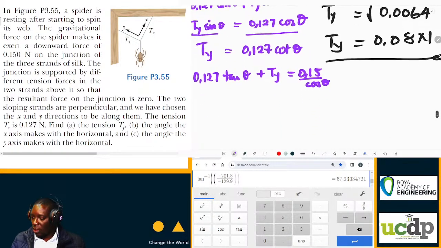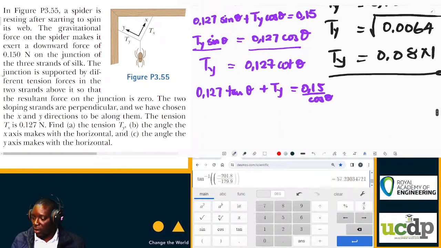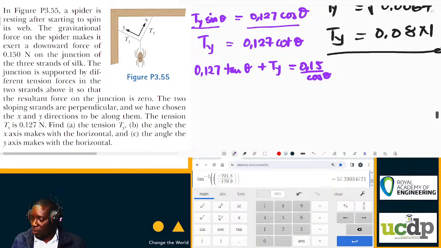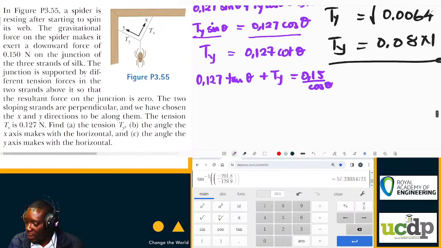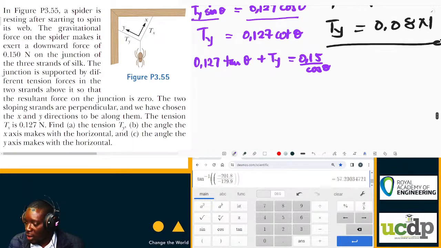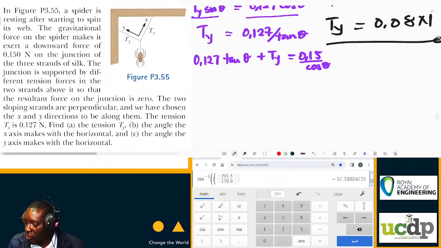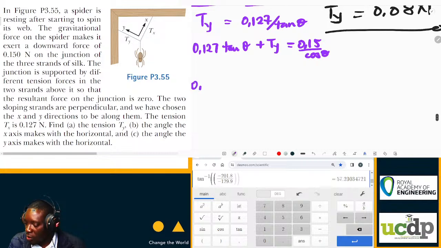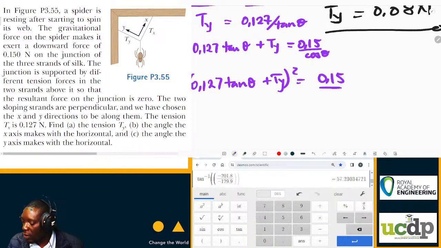If you want to continue with this one, just out of interest for those who like the mathematics, it's still okay. Let's leave this one as this over tan theta, so that we've got consistency. Then we go 0.127 tan theta plus Ty squared equals 0.15 over cos theta, and we square.